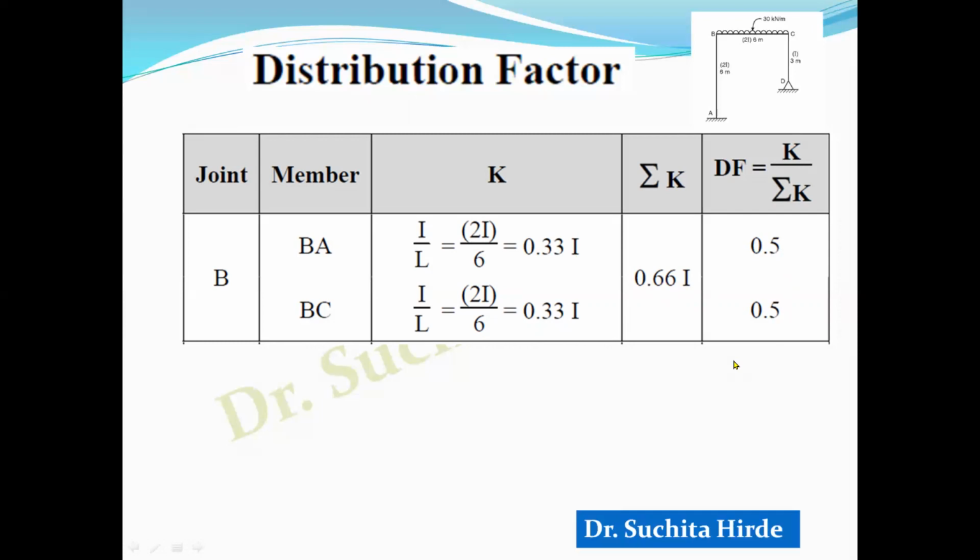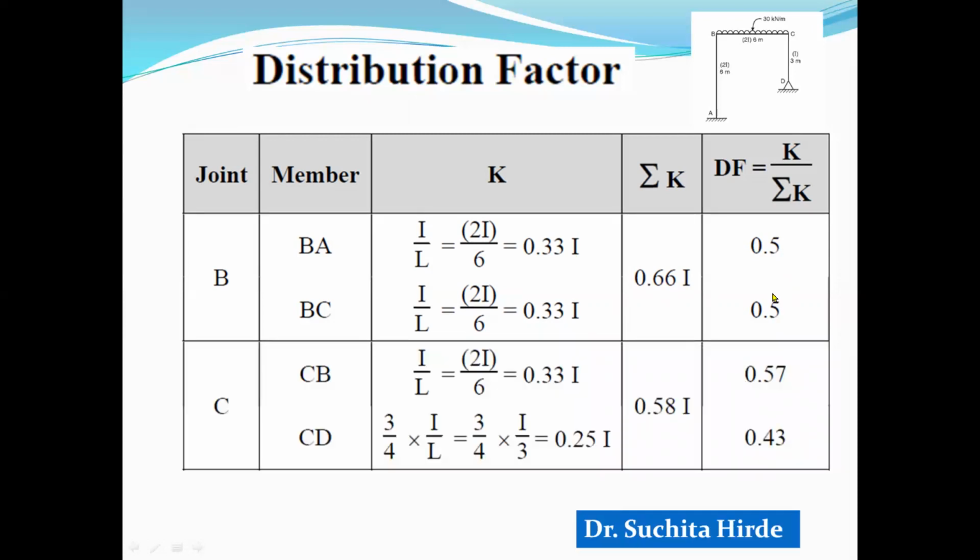Similarly, we can calculate distribution factor at joint C. At joint C, as I told you, this far end is hinge, therefore here it is 3/4 I by L. For this member, B is a continuous end and therefore it is I by L. So calculate this ratio and then take K upon summation K and calculate the distribution factor.